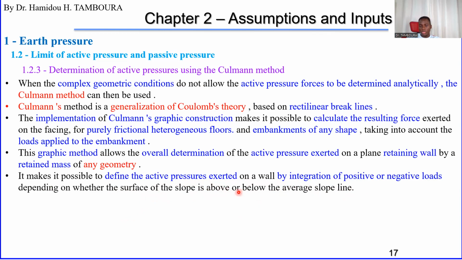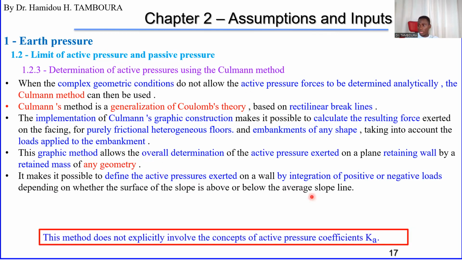It means you will sometimes have this kind of topography going like this, not a line like this or horizontal like this. The topography is just a complicated shape. In that case, this method can give you the active pressure. This method does not explicitly involve the concept of the active pressure coefficient, the Ka.